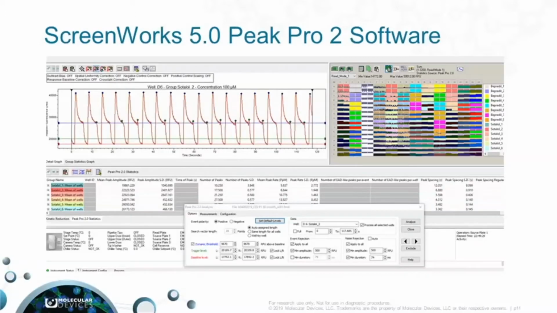This is a screen from ScreenWorks 5.0, and you can see all 384 wells on the right. On the left, you can see the detail for one well. You can group them, and you can also call up all kinds of assay parameters.